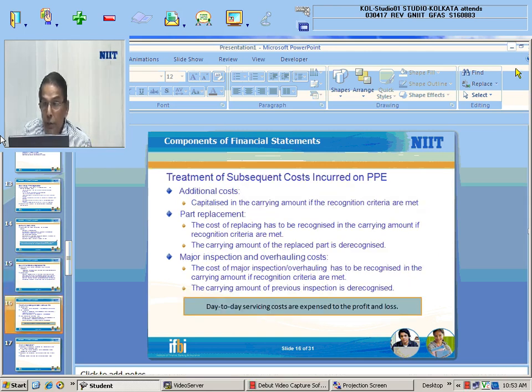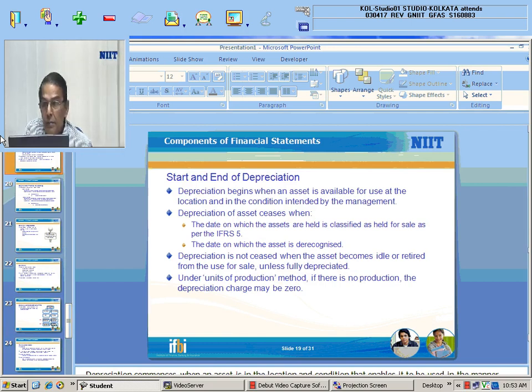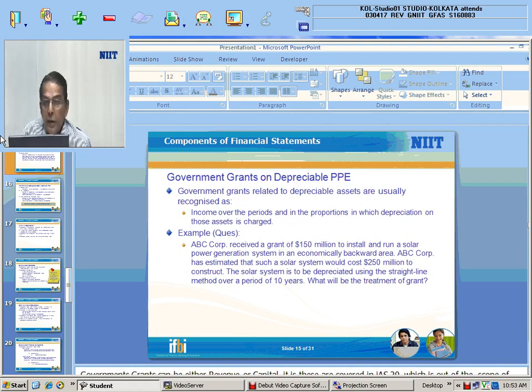Now since the depreciation is going to take place for depreciable assets, the rule is that the government grant should be recognized as income over the periods and in the proportion in which depreciation on the asset is charged.